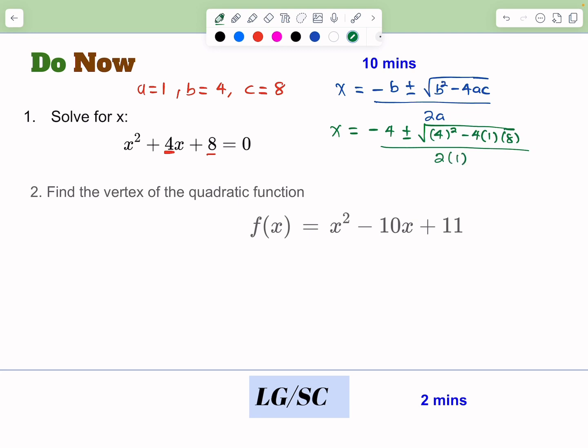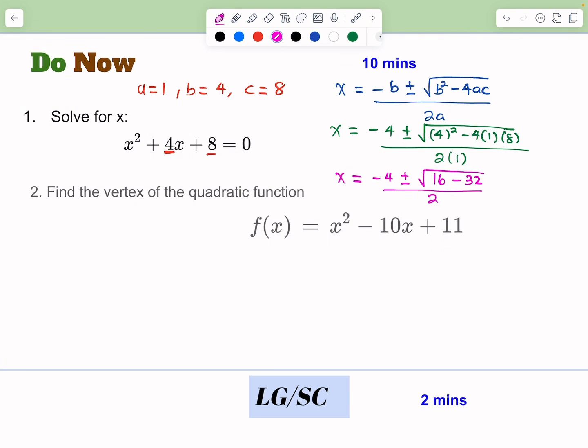If I simplify this further, x is equal to negative 4 plus or minus the square root, and if I simplify what I have inside that square root, I have 16 minus 32, divided by 2, because 2 times 1 is 2.